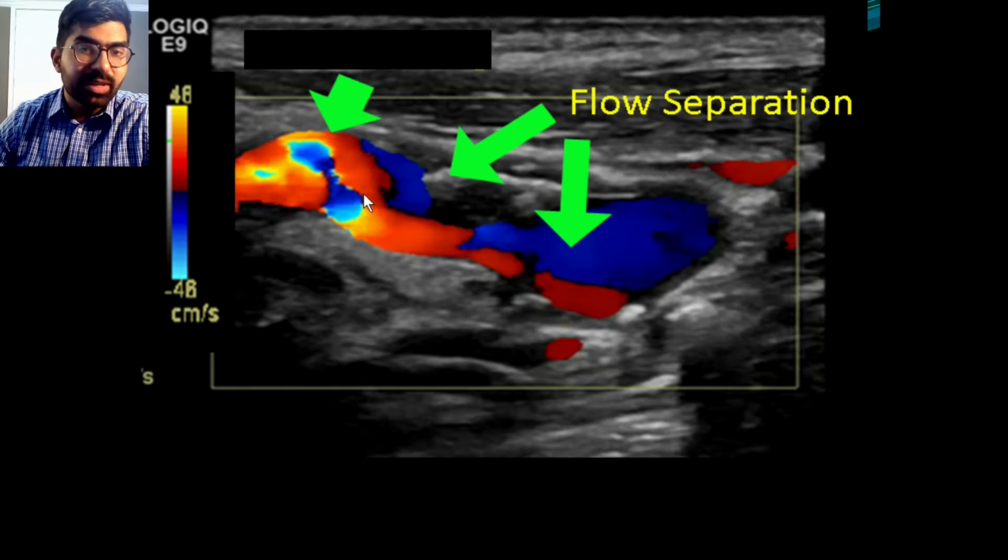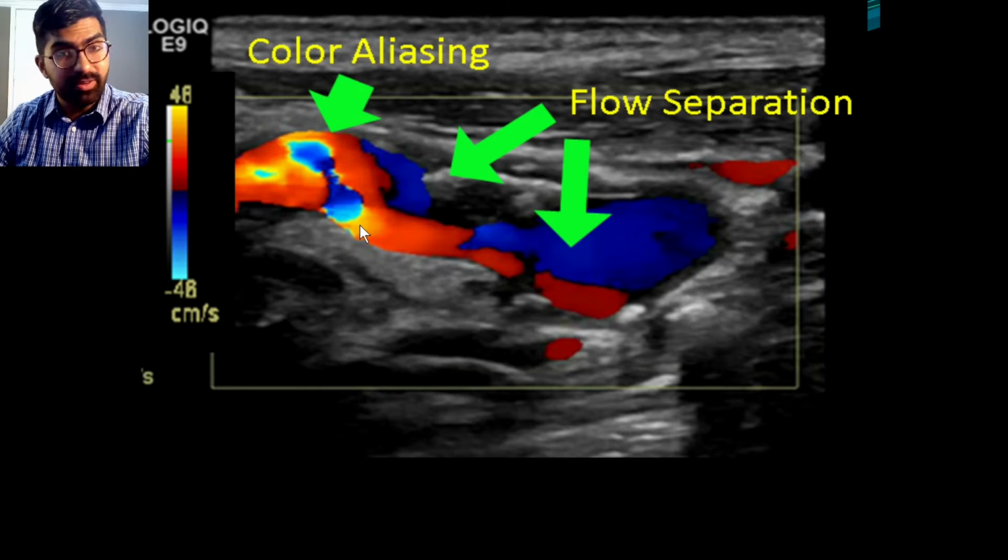Now, there's something else interesting going on here. So unlike this separation where there's a black line, you see there's a very bright line here. And what this represents, and for those of you who have seen it, when the PRF is not high enough to figure this out, you see color aliasing.